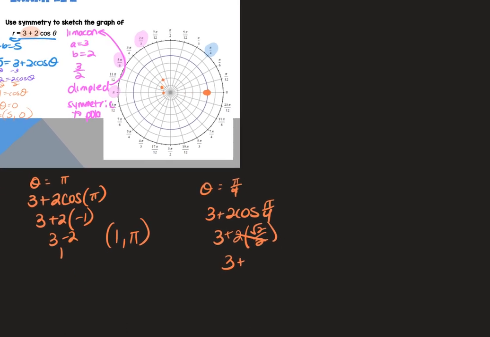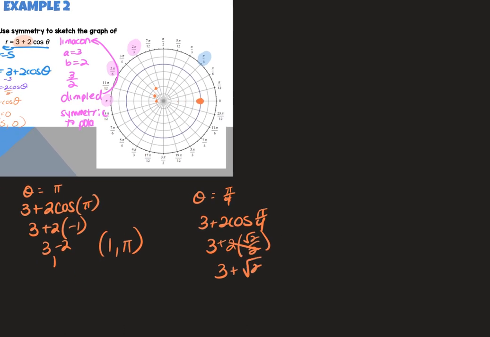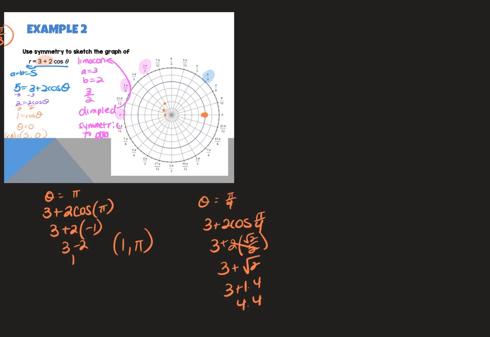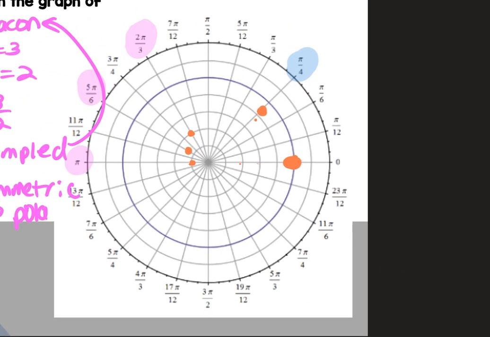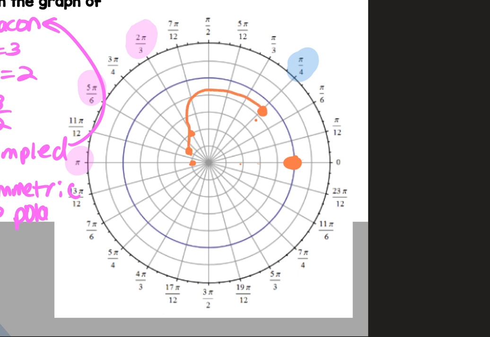And root 2, we're going to approximate to be 1.4. So I get 4.4. One, two, three, 4. So I know this rounded shape is going to come all the way around, and then it has to dimple. So it's going to come out and in.